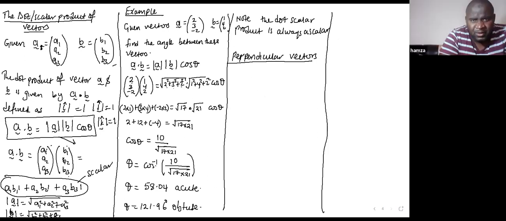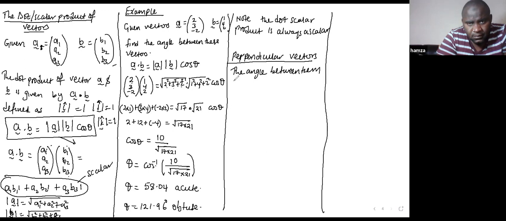The angle between them is supposed to be 90 degrees.